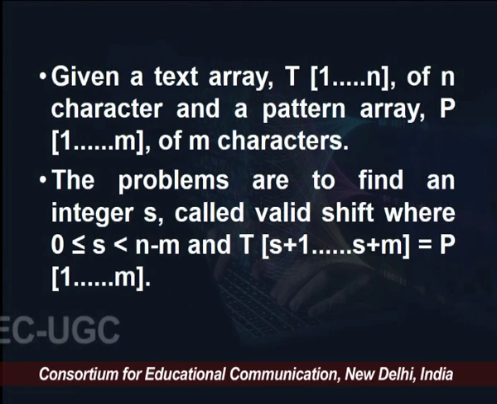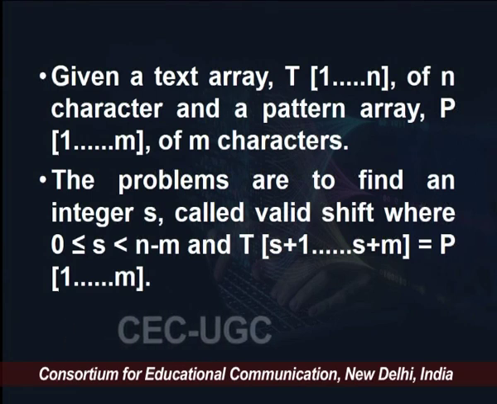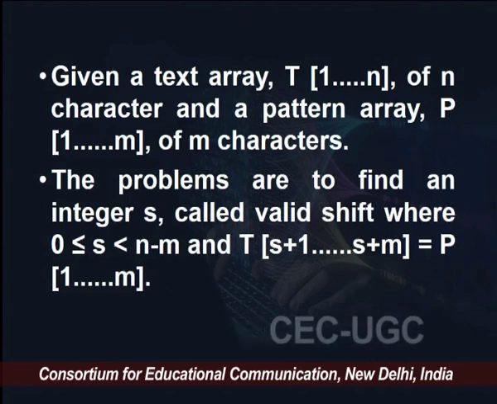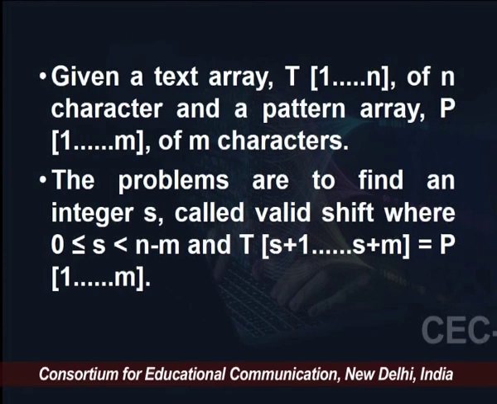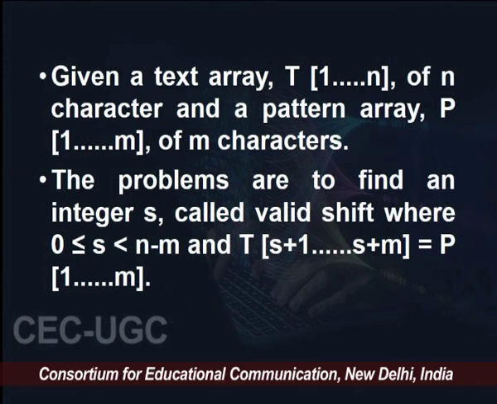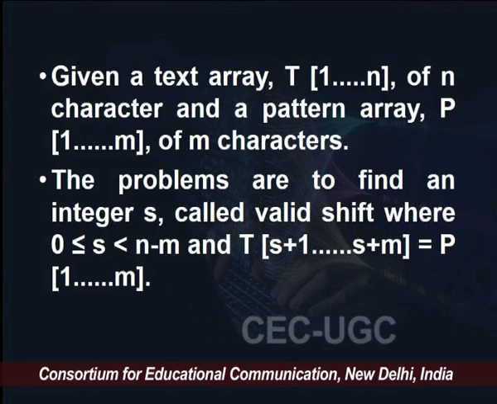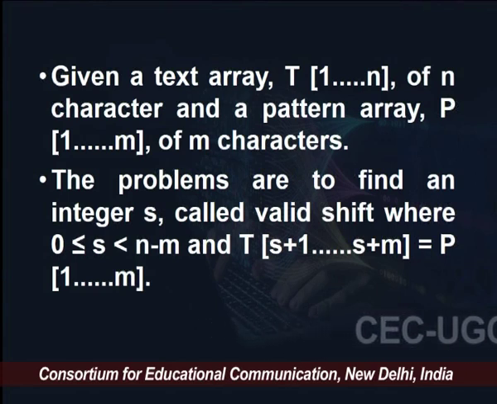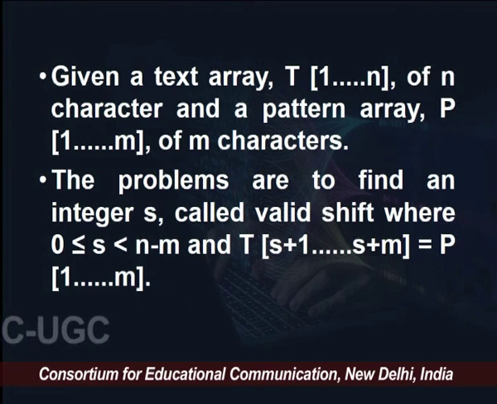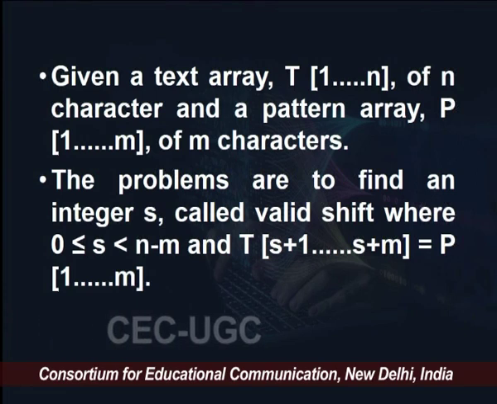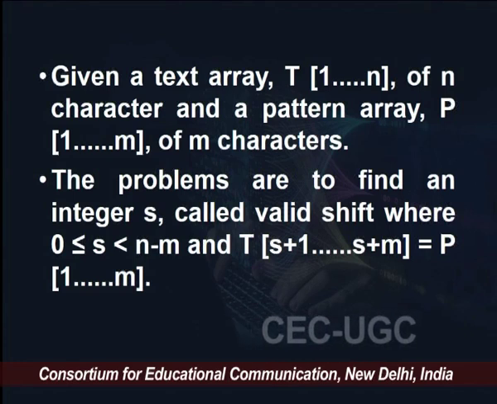That means the characters of pattern P[1..m] will be equal to T[s+1..s+m]. For the first occurrence, where the pattern was available at the first position of the text, s is considered as 0, then 0 plus 1 is actually 1, and so on. So we are going to find this valid shift, that is, how much the pattern is to be shifted if we consider it as a sliding window.